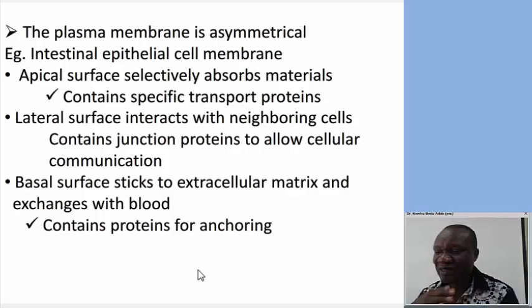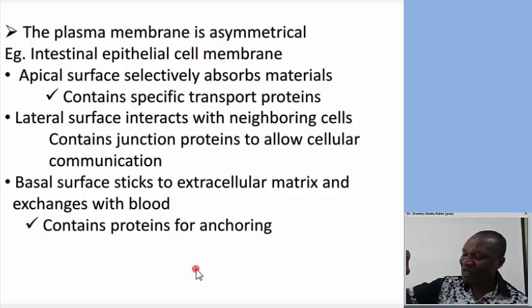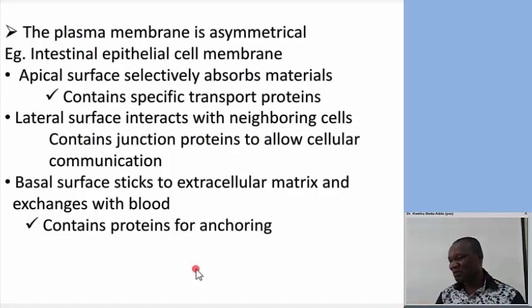Now, if we take the lipid bilayer, on the apical surface, there may be certain structures present that are not present at the basal surface. On the lateral side, there may be certain structures present that are not present on the other side.